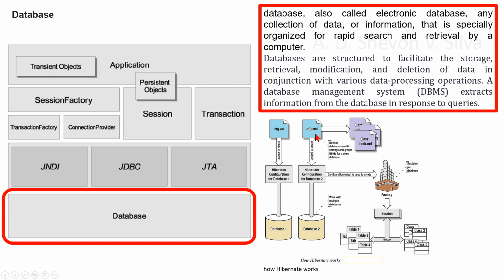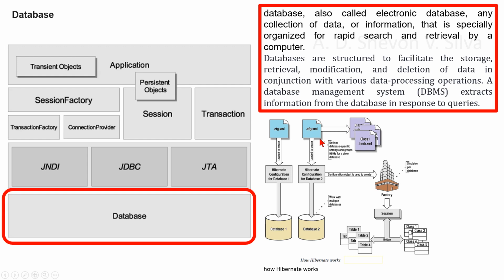And here .cfg.xml is connected to class 1 hbm.xml and other similar files. Here it defines the database specific settings and groups HBMs for a given database.